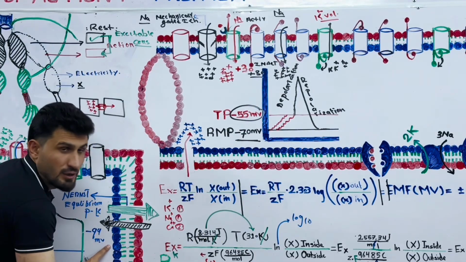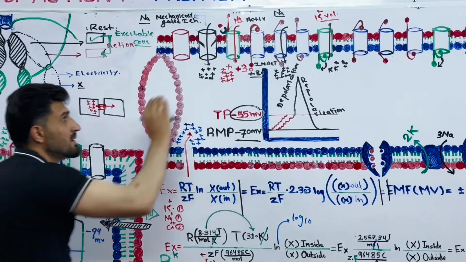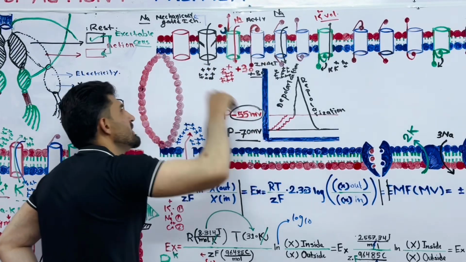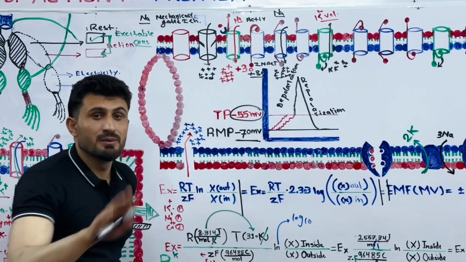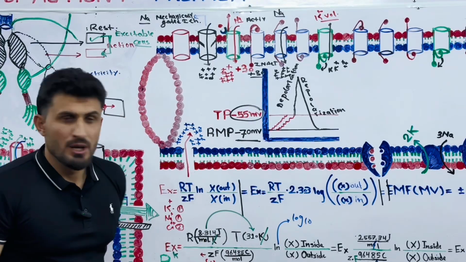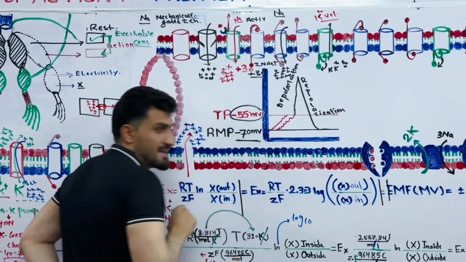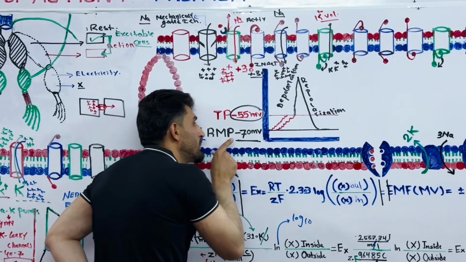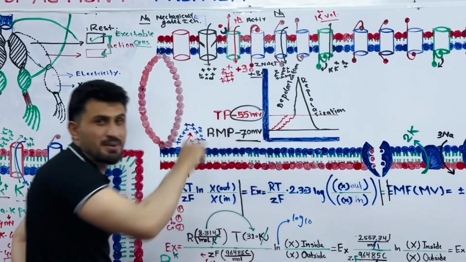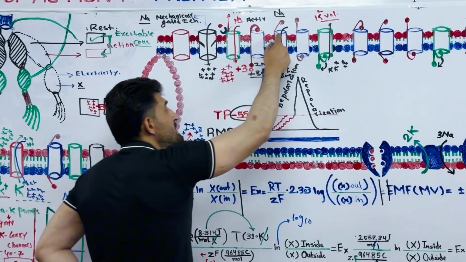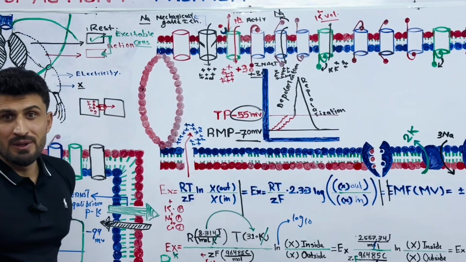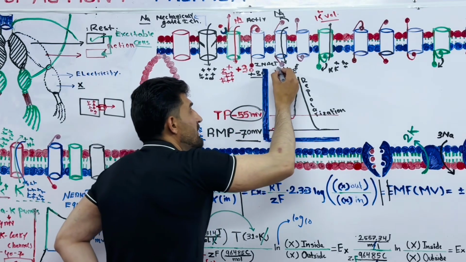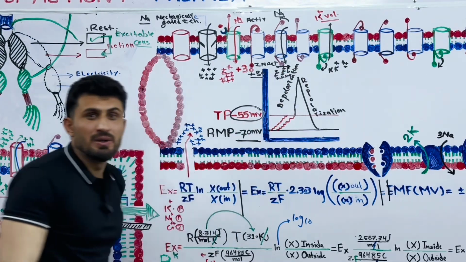During the resting state of all excitable cells, the activation gate is always closed, and the inactivation gate is always open. But when you stimulate a cell, when you go from resting state to threshold potential, the activation gate is going to open and the inactivation gate is going to close.